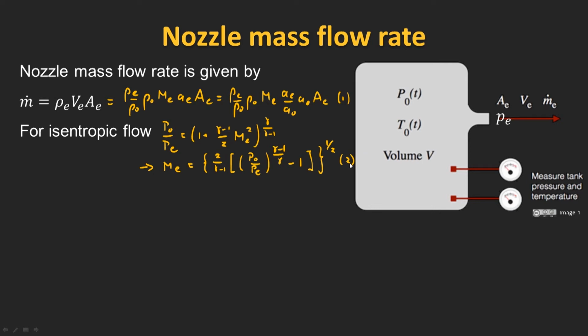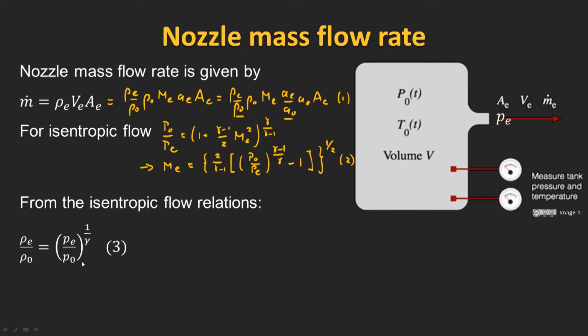equation 2. Now in order to find these exit to stagnation property ratios here, we can just make use of the isentropic flow relations. The density ratio is going to be equal to the pressure ratio to the power of 1 on gamma, while the sound speed ratio is just equal to the square root of the temperature ratio, which is nothing but the pressure ratio to the power of gamma minus 1 over 2 gamma.